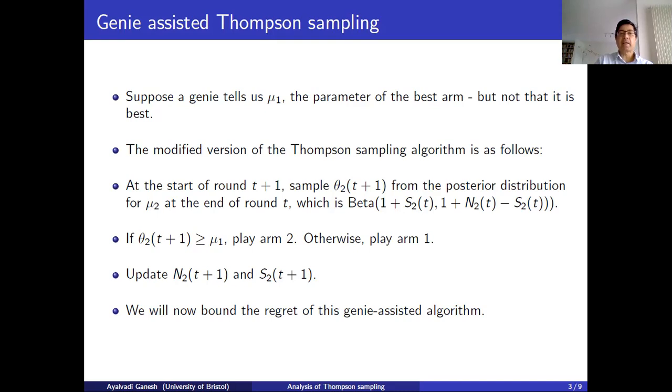We get the correct scaling of logarithmic in time and 1 over delta, where delta is the gap between the arms. We get different constants for the genie-assisted algorithm than what was stated in the theorem, but we get the same form of the scaling relationship.